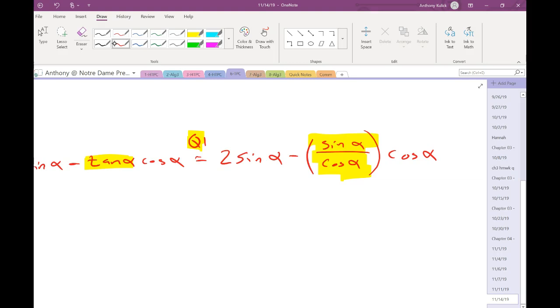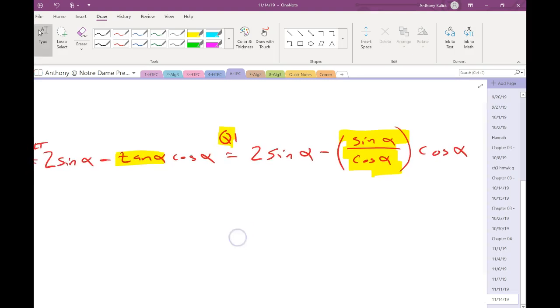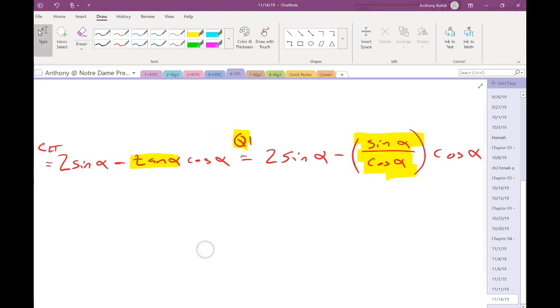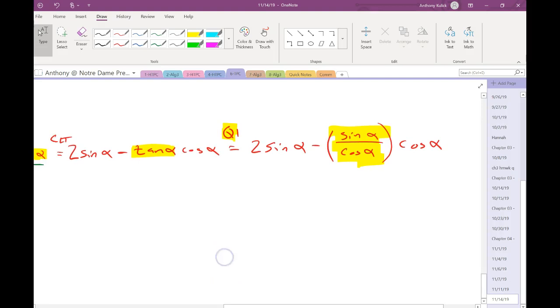Before we go on and say what happens next, Lexi, what did you see in that previous step that made you want to use Q1? Good. Yeah, so that's the right idea. She saw that in the rest of the problem, all I have are sines and cosines, and I have a way to convert tangent to be in terms of sines and cosines.